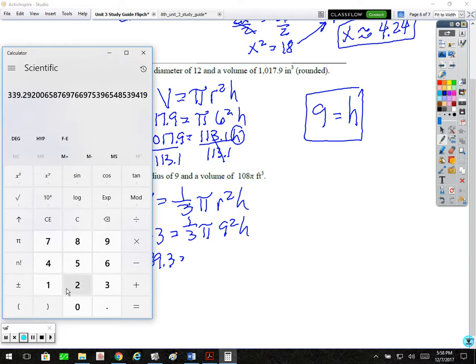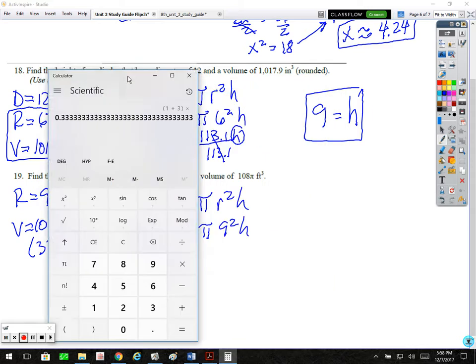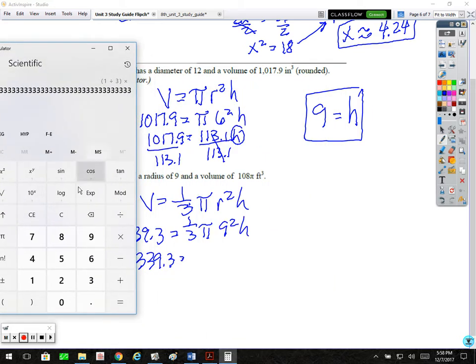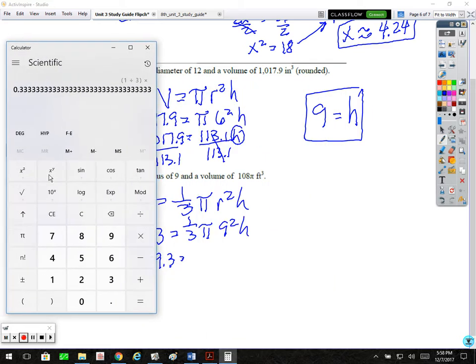So we have 1/3 times, it didn't say use the pi button. Nope. Yeah, we're going to change this. I'm sorry. 1/3 times pi times 9 squared.